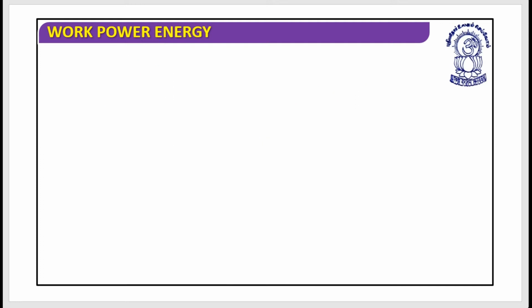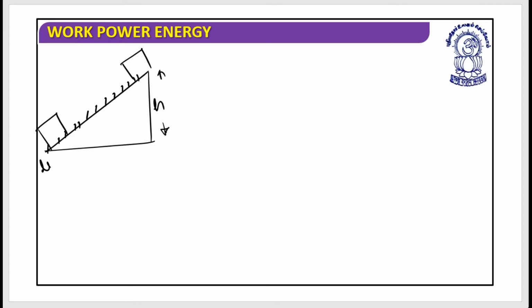So if in this situation I go for the net work done, this was the case: the wedge having friction mu, and the block was initially here and is going to reach the bottom, and this is height h.